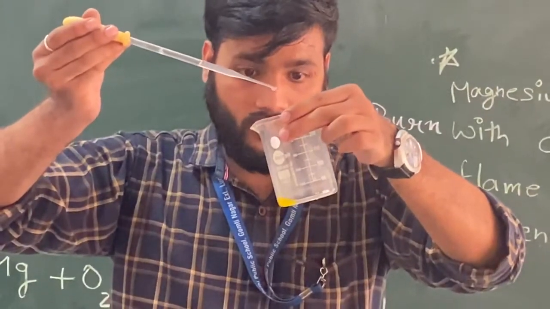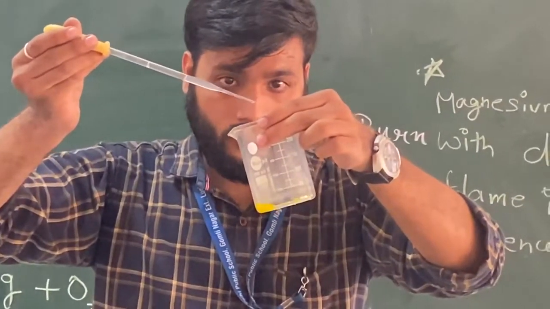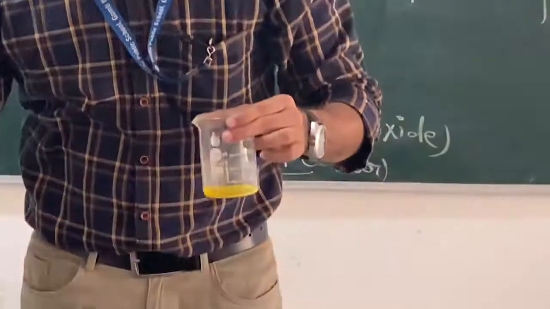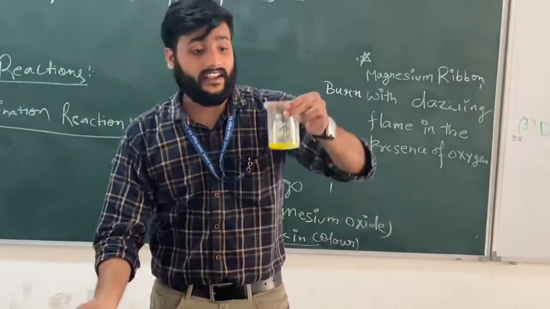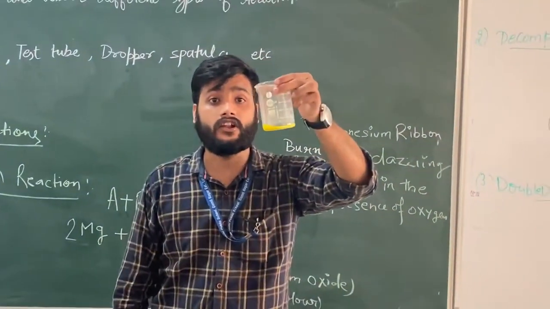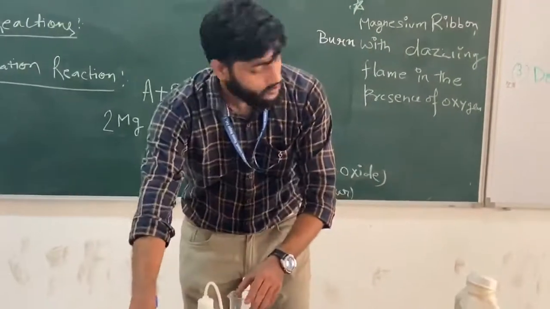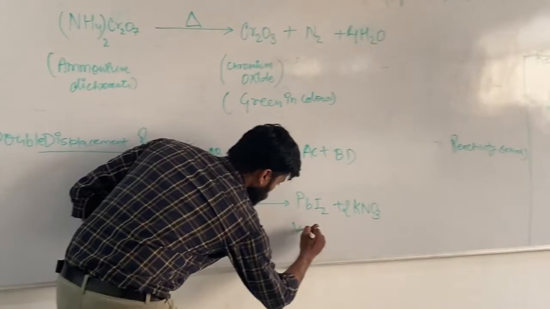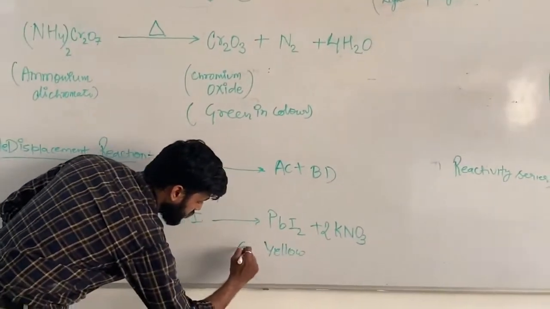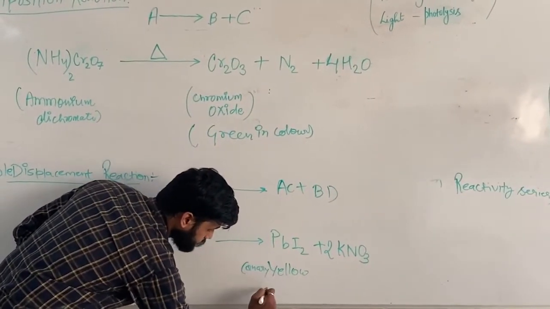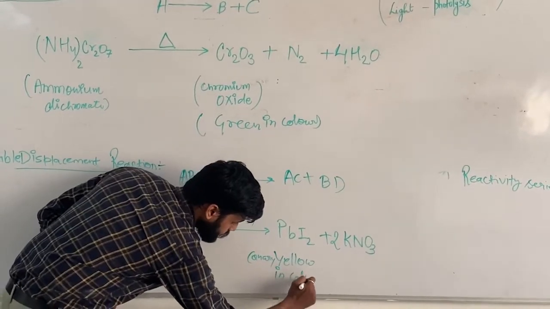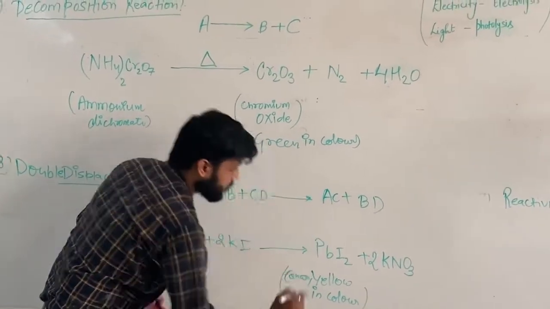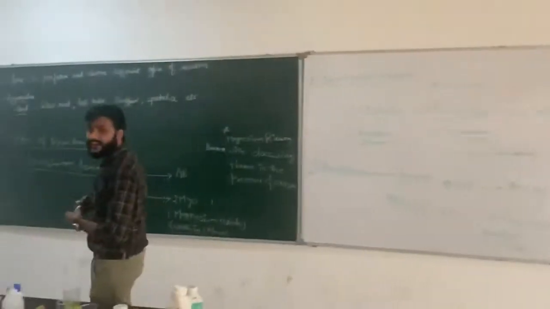There is a change in color, which is lead iodide, and lead iodide is yellow in color. So here I can write it is yellow in color, the more specific term. And the remaining part is potassium nitrate.